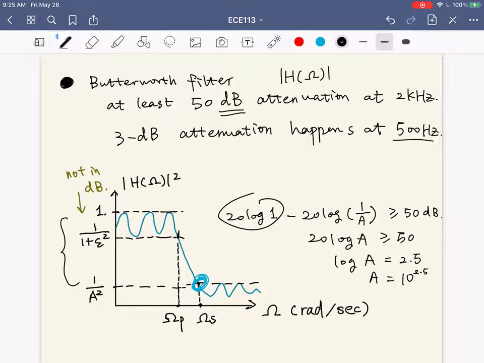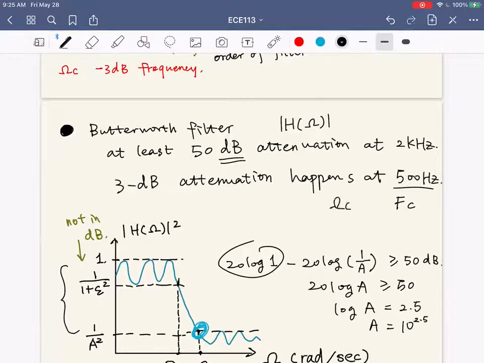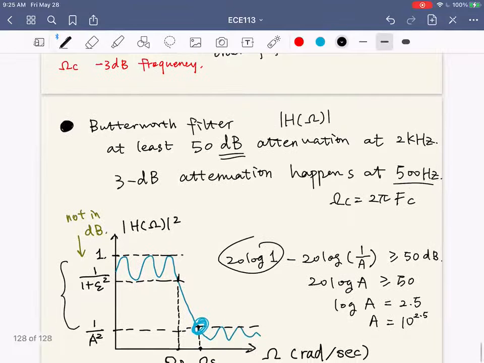Let's say the 500 hertz is Fc, because it's a 3 dB attenuation. So it maps to omega c, and omega c equals 2 pi Fc. Similarly, the omega s, the stop band, equals 2 pi Fs.